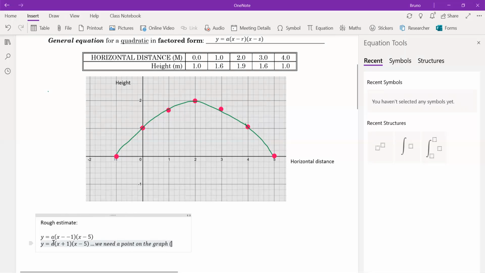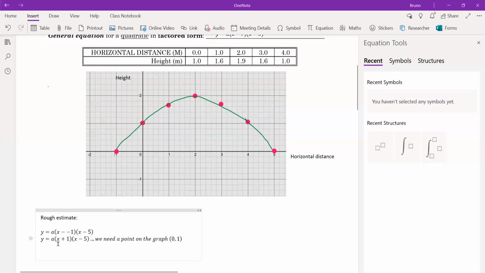You can use any point that the green curve is passing through. So why not use one that's convenient? The intercept seems to be convenient, 0 and 1. Why is it convenient? Well, it allows me to put in a 0 for x and then a 1 for the y value.